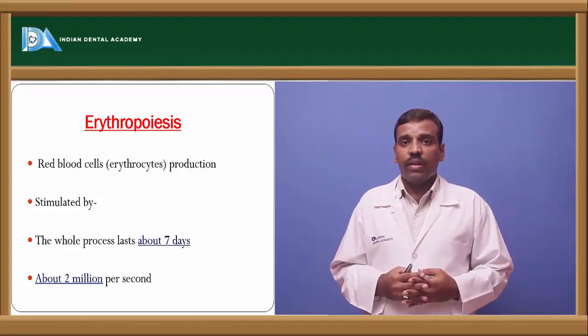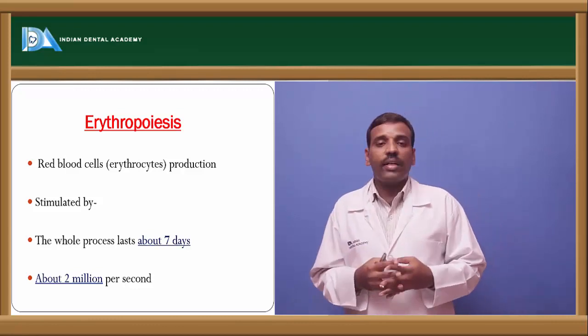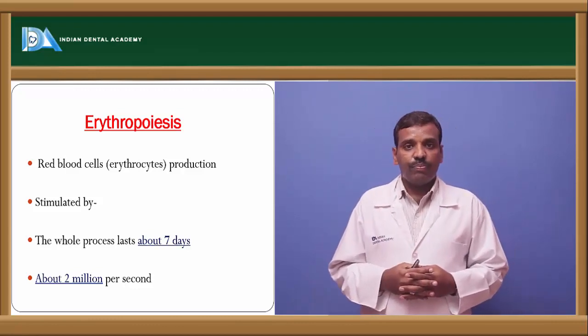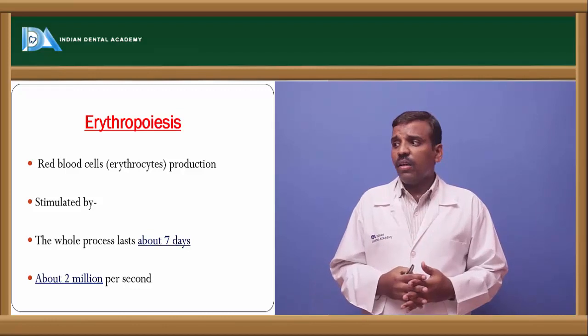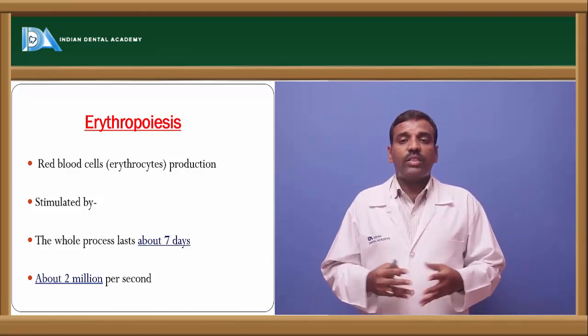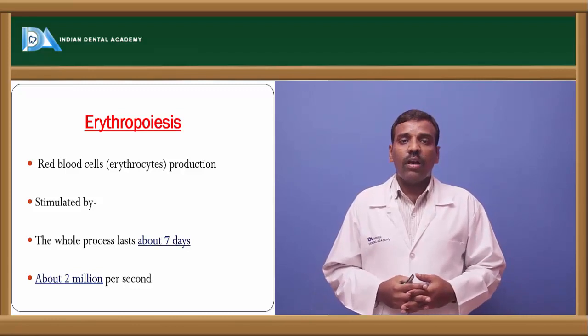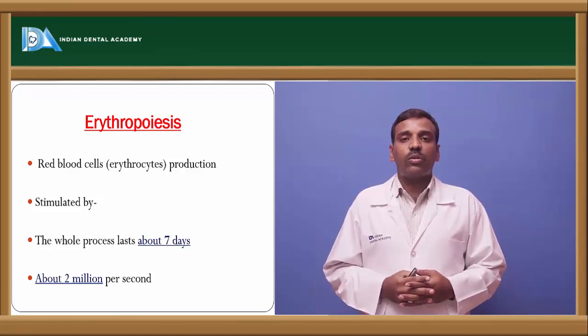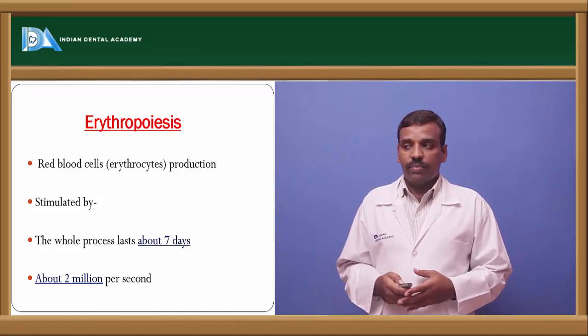And next, the whole process takes about 7 days, and it produces about 2 million red blood cells per second.